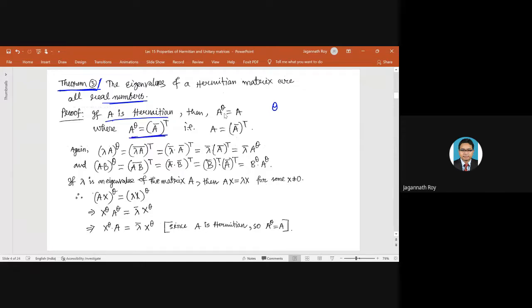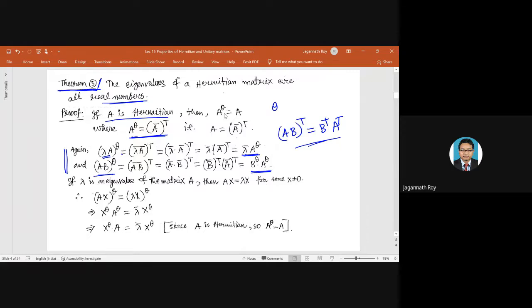This operation will hold: if you multiply with lambda and take the whole theta, it will give you this relation. Similarly, for AB theta, it will give B theta A theta, same concept as if you take transpose of AB, you get B transpose, A transpose.